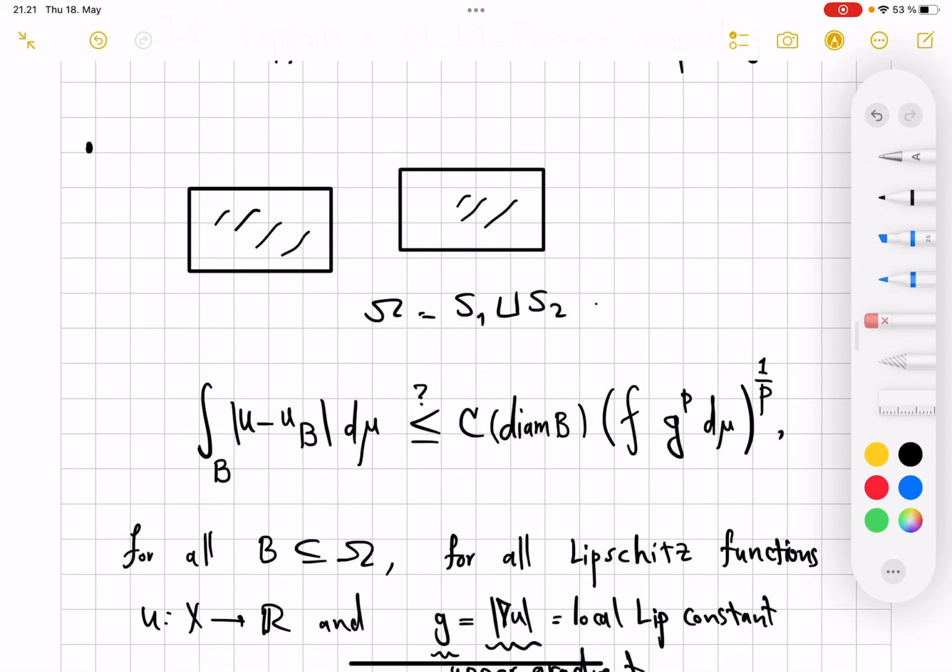Does such an inequality require much of the space? And the answer is yes, because what you can do is take some point x here, and then take a ball of radius large enough so that you pick up also something from there.